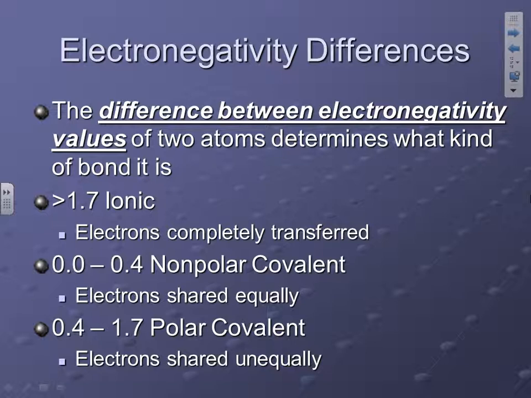So his idea of sharing is he plays 6 boards of Angry Birds, then he lets his sister play 1 board of Angry Birds. Are they sharing? Yes. Are they sharing equally? No. Right? That's the idea of the polar covalent bond. Both of those atoms want electrons, but one wants them more than the other.